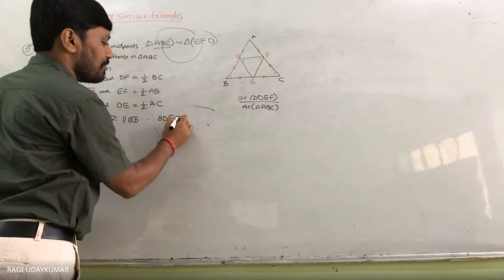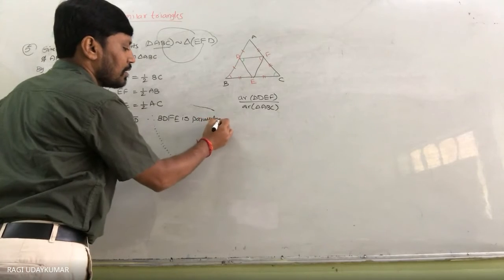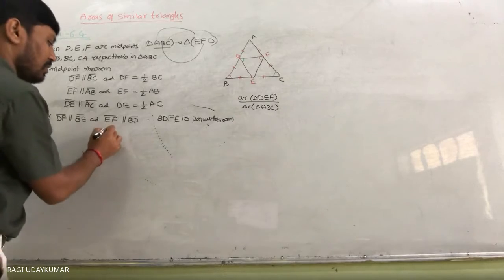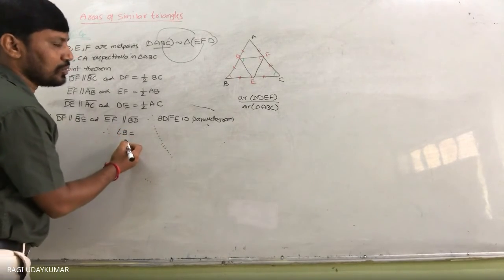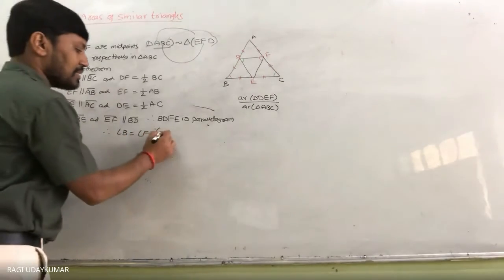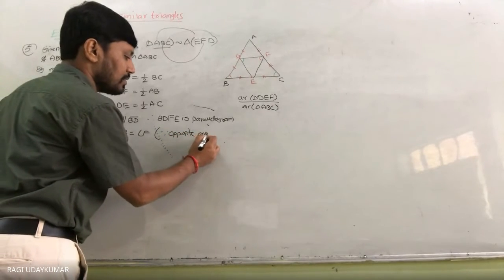BDFE is parallelogram. And from this you can say that angle B is equals to angle F, because opposite angles. Opposite angles.